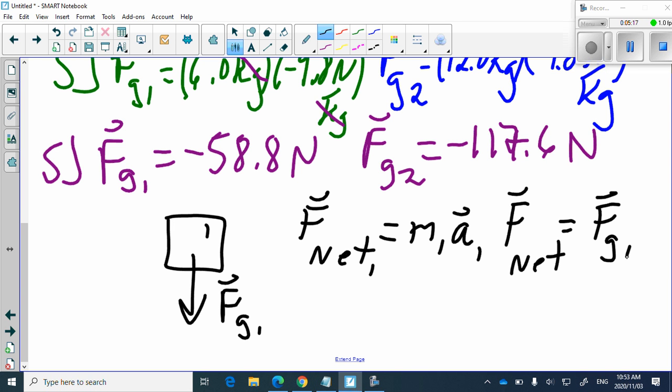Whenever you write this version of F net, you must always write the other version of F net. One is from Newton's second law. The other one is saying, look, we have to add up all the forces. They always work together. This is a huge part of this chapter 3, these two equations together. Okay? So, watch.